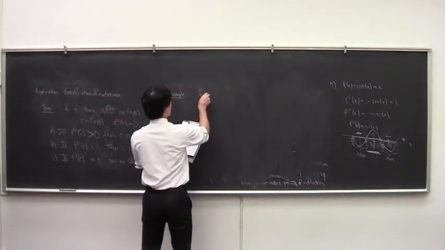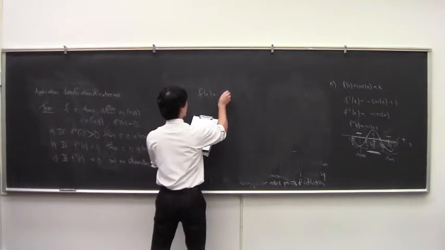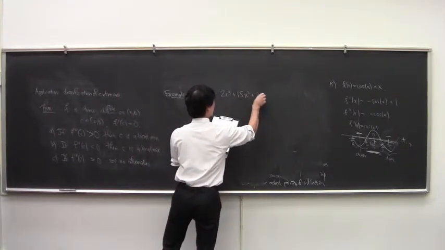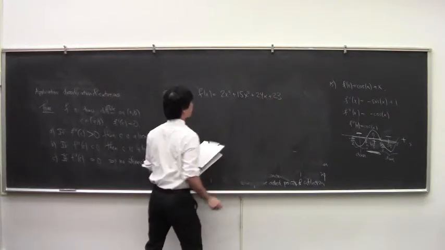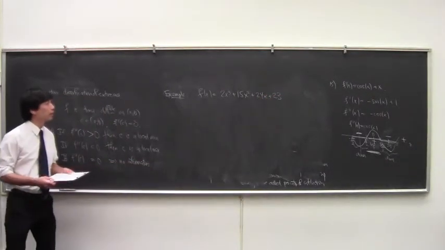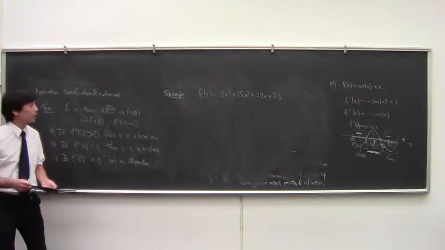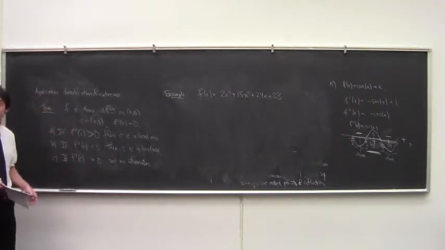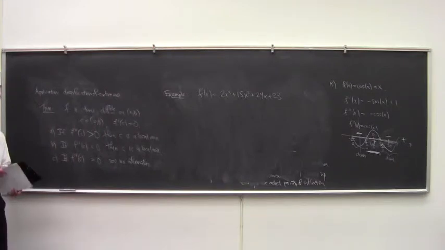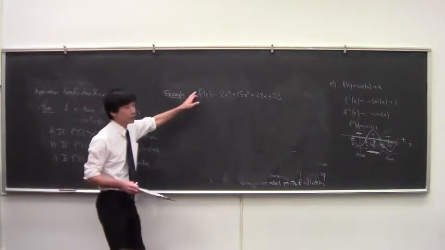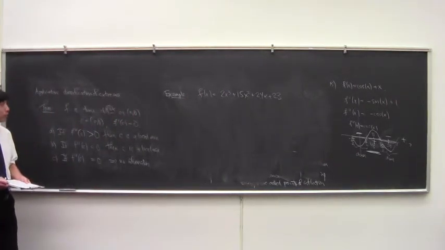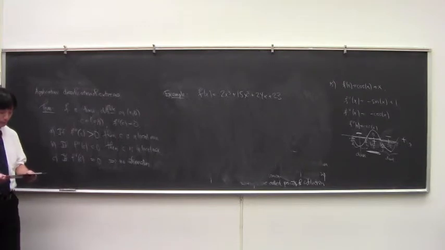Somebody gives you a function, 2x cubed plus 15x squared plus 24x plus 23. So maybe take a minute and look for critical points, and then we'll use the second derivative test to check what they are. Please find critical points for this function. Take 1 minute and find critical points, and then we'll use the second derivative.